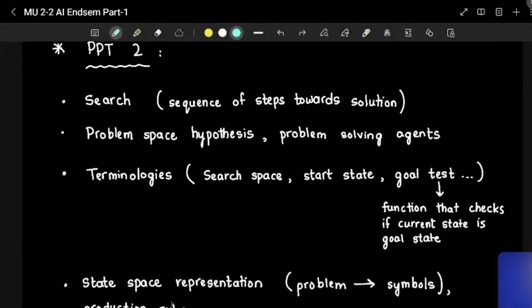And solving that problem is essentially traversing through that entire problem space until you find the solution. In formal words, it's explained in the slides. Essentially, you have a problem, you represent it in terms of symbols and variables, and that will finally be called the problem space. You'll have to keep traversing through all possibilities until you find the solution.